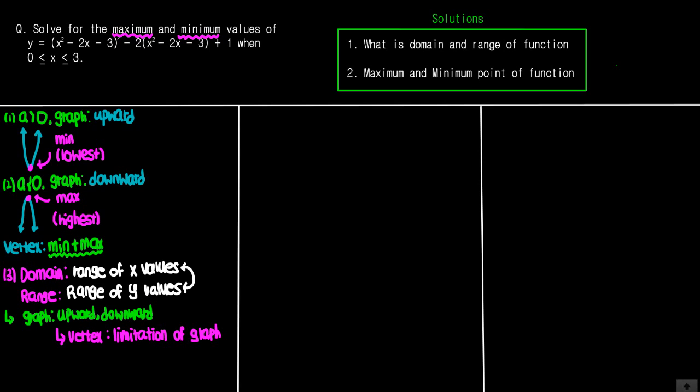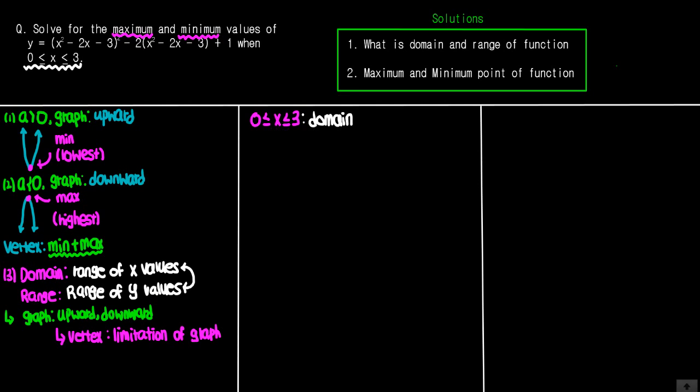Think about the information that they gave us, about the x terms. So it will be 0 ≤ x ≤ 3. This information is mainly talking about the range of our function when it comes to the x values. That means this term is the domain of our quadratic function, which mainly talks about the range of our x values.